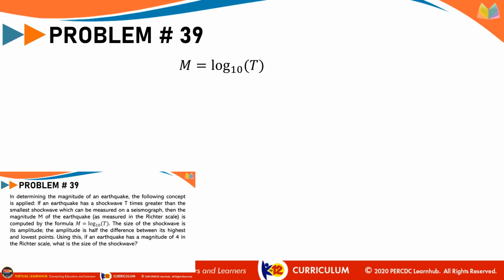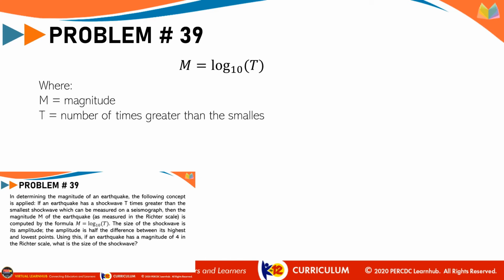We are given the general formula M equals log of T to the base 10, where M is the magnitude and T is the number of times greater than the smallest shockwave. Our magnitude, based on the problem, is 4, and then we are solving for T. So 4 equals log of T to the base 10.